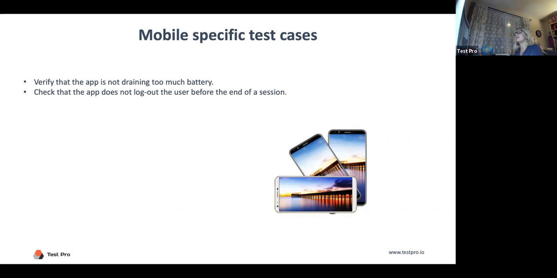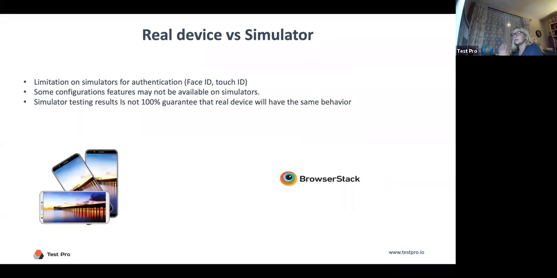Okay, let's go. So, a small reminder about real device versus simulator. Why do we prefer to test on a real device? For example, Face ID, Touch ID, the fingerprint sensor, we cannot really test on emulators.